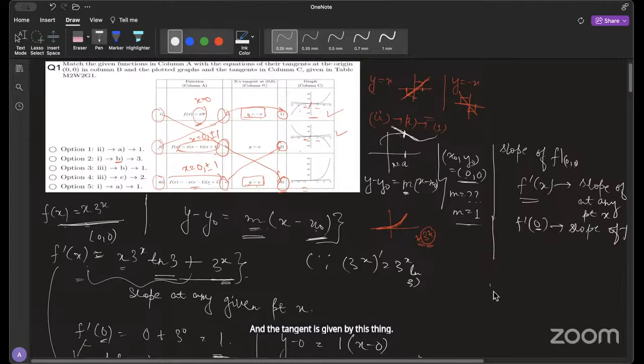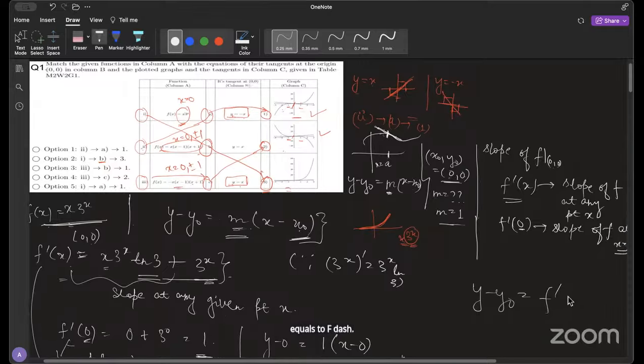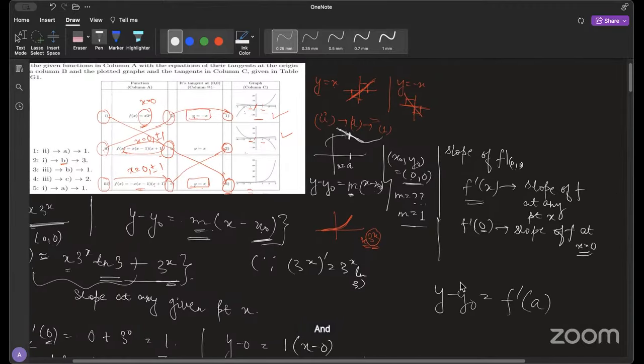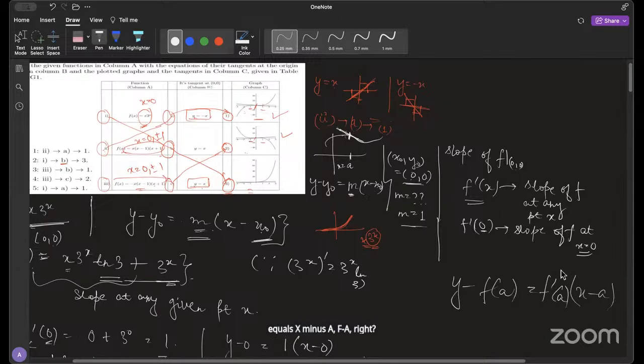More precisely, y minus y naught equals f dash at the point, or you should just say, y minus f(a) equals (x minus a) f dash a, right?